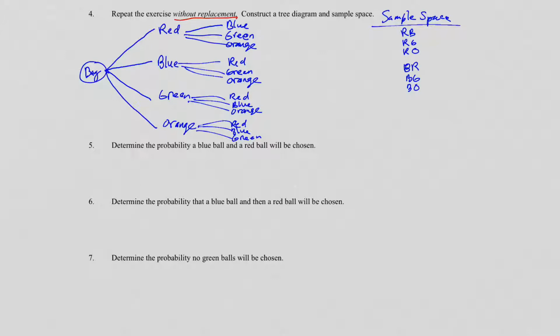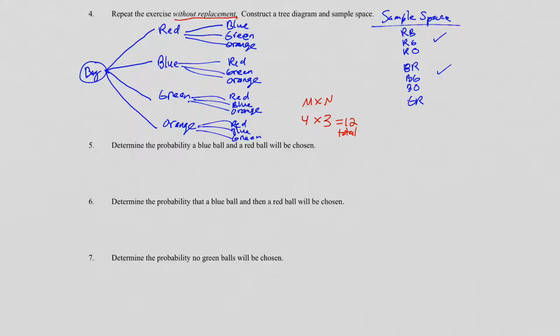Actually, let's do our total sample space prediction. Remember, it's m times n. The first grab has 4 options. The second grab, since we're not replacing it, has only 3 options, 3 colors to choose from. So this is going to give us 12 total, and we're going to prove it right here. We have 3 from this group, 3 here.